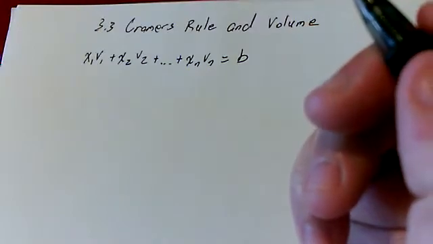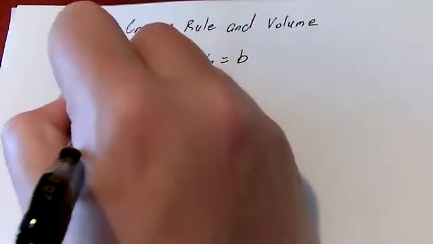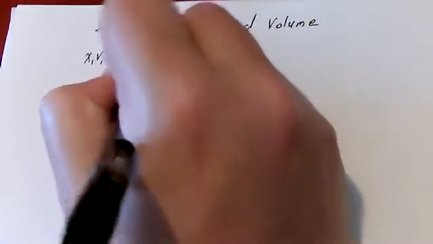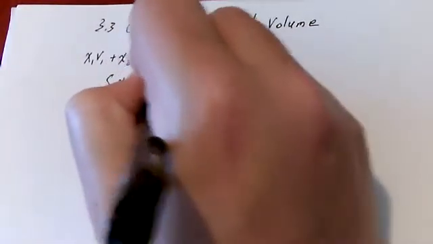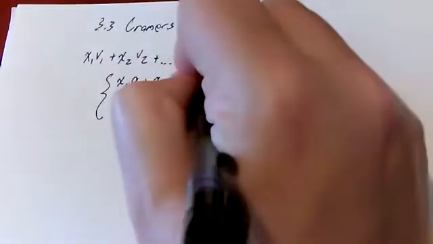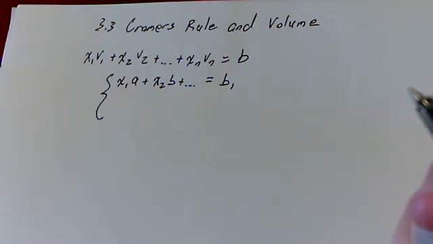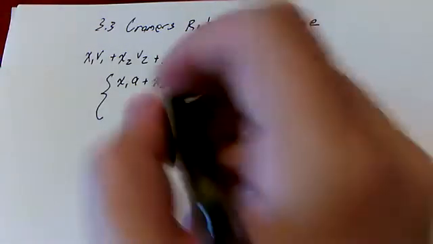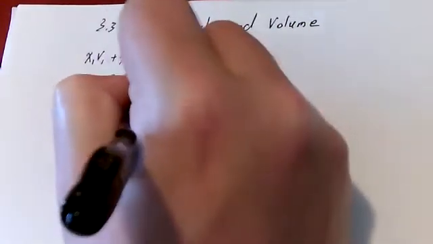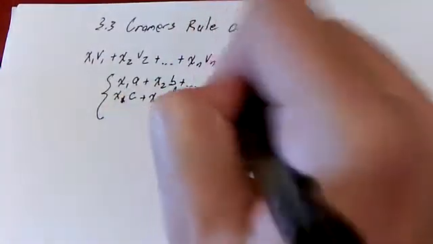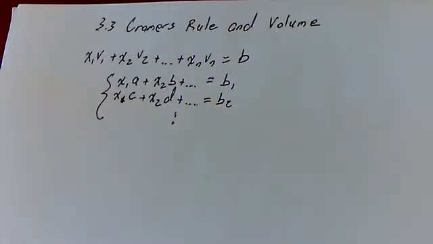The system of equations would look something like this: x1 times, let's call it a, plus x2 times b, and that would carry on for however many I have, to where I have some b1. That would be the components of my vector b, and I would get n such equations: x1 times, let's call it c, plus x2 times d, out to b2. We'll continue for however many equations we have.